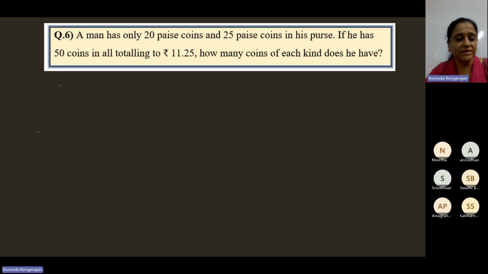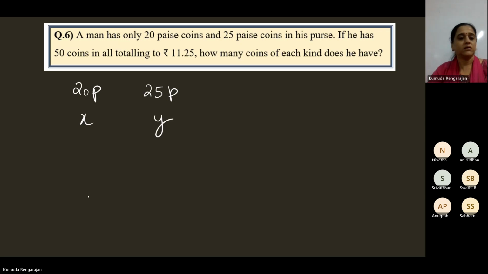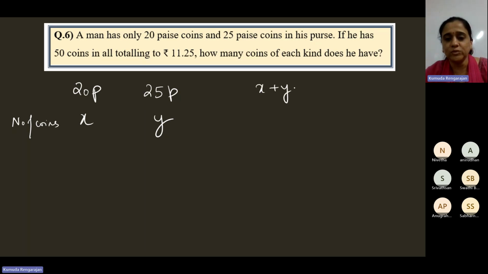We don't know, so let the number of 20 paise coins be x and the number of 25 paise coins be y. So this is the number of coins. Clearly x plus y is equal to 50.